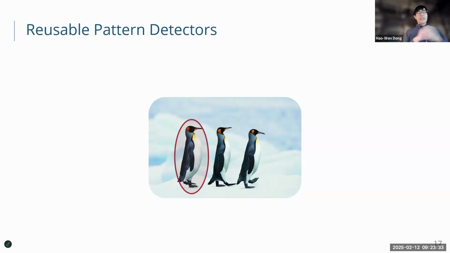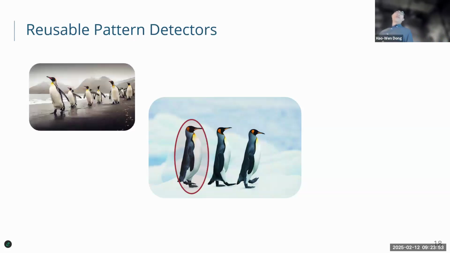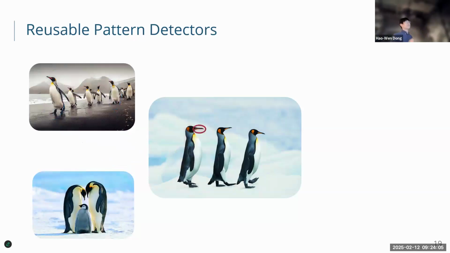The idea of CNN is to see if we can learn a pattern detector of a penguin, and then use it to detect the other penguins. And this doesn't have to happen in this image only. Hopefully we can also use this learned pattern detector to detect other penguins in other images.